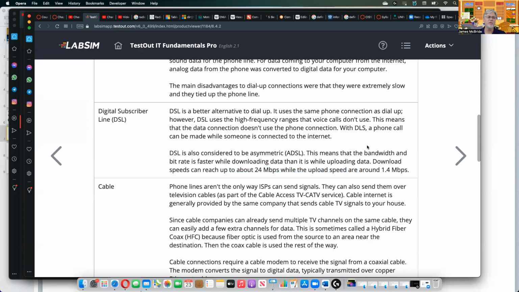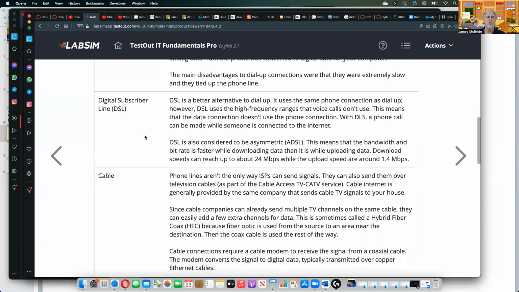And again, the problem is you're dealing with these super tiny little phone lines, and some of them aren't so great. And DSL then becomes very expensive because you have to be close enough to the switching office, the telephone switching office, to actually get the signal. It causes trouble.